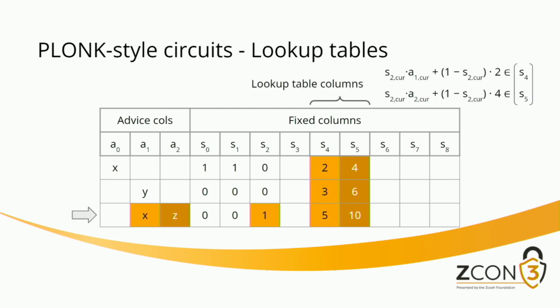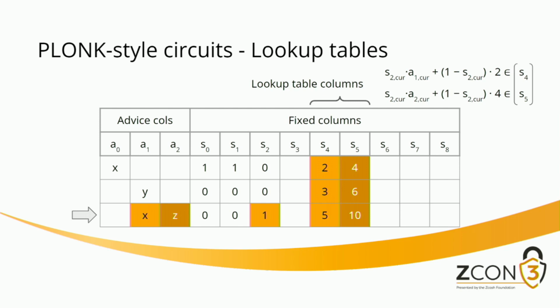And finally, the other thing that you can use with PLONK is this concept of a lookup argument, which lets you essentially build lookup tables into your circuit. These are set up in a way so that if you have a particular set of values, you can specify that certain cells in your advice columns must be present within a set of the rows of this particular table.